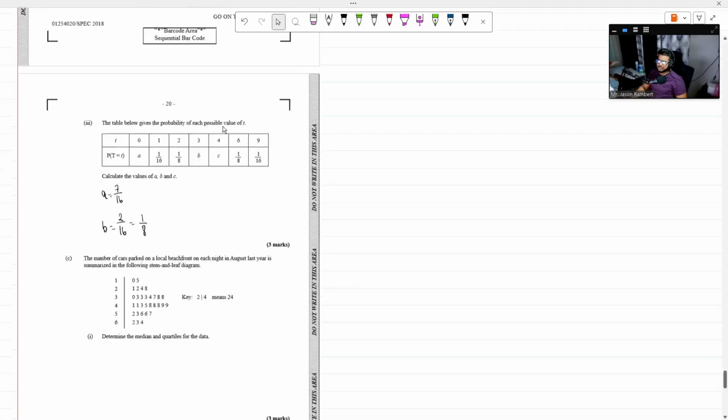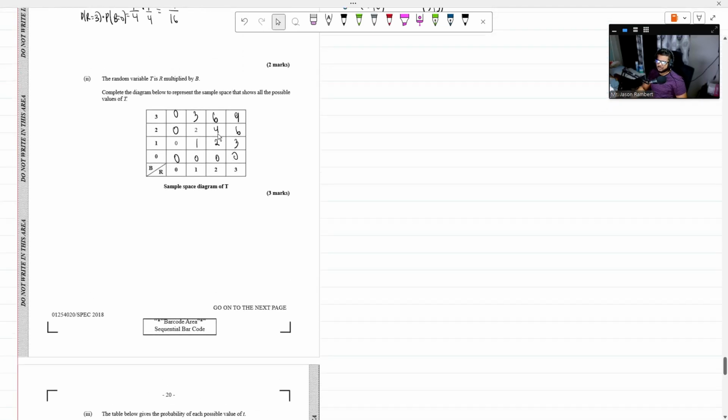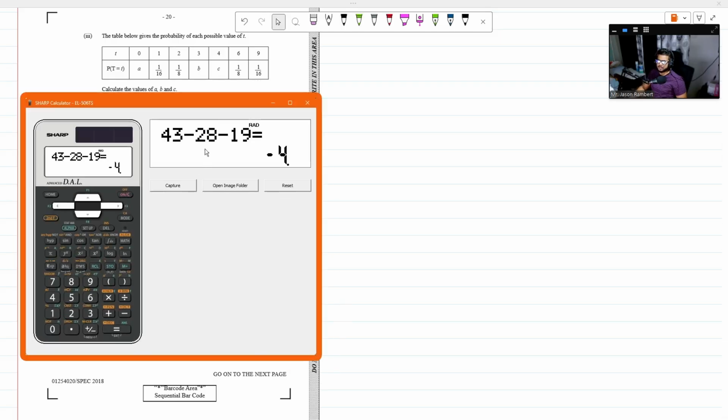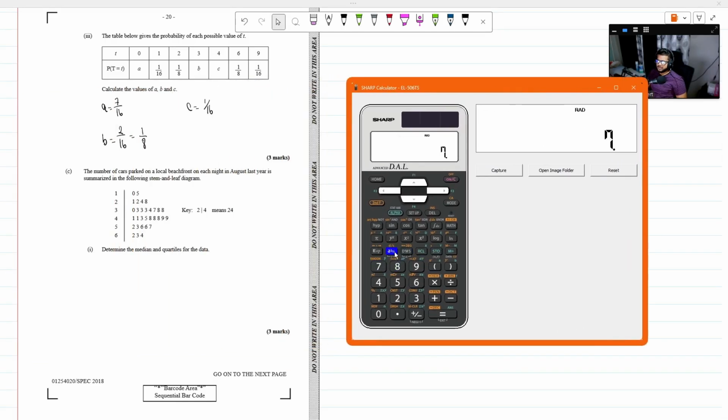How many times did we get a 4 in the table? Once, 1 out of 16. And if you add up all of these things here, you're supposed to get 1. So you can check it over and see if you get 1. Let's check it over and see. 7 out of 16 plus 1 eighth plus another 1 eighth plus 1 out of 16 plus another 1 eighth plus 1 out of 16. 15 out of 16.